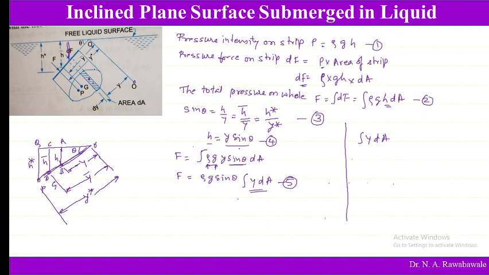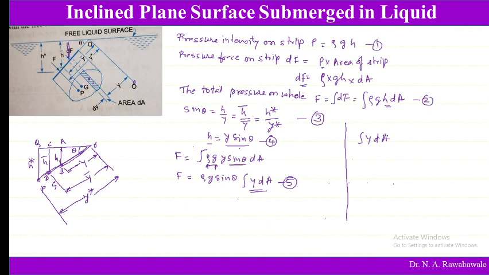So if we take integration of this complete area, the small area dA becomes the complete area A, whereas the center of this complete area is at point G, which is at a distance of y bar.